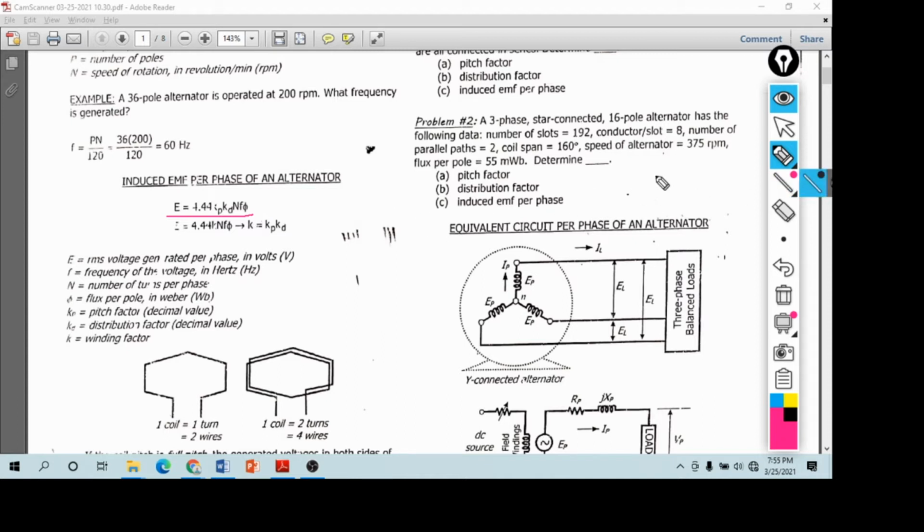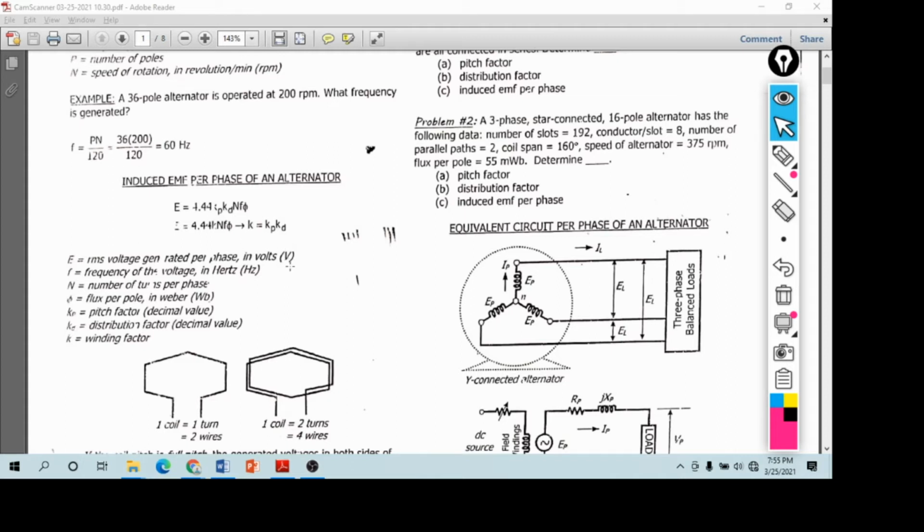Okay, so where the 4.44 came from, and Kp, Kd, and F and the flux per pole. Okay? So let's remember that this is induced EMF per phase. Okay, so E is RMS voltage generated per phase.